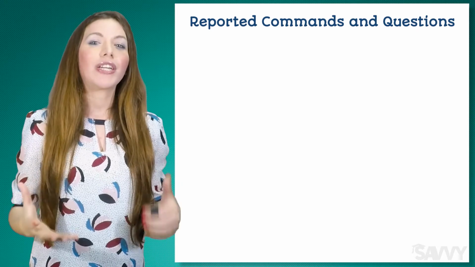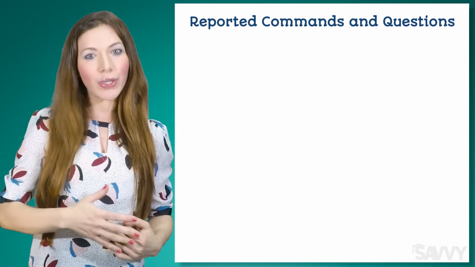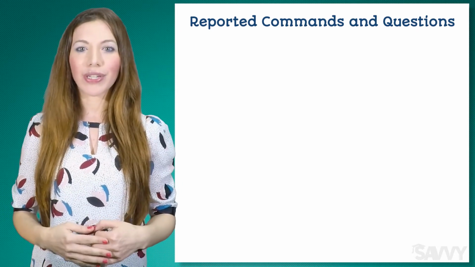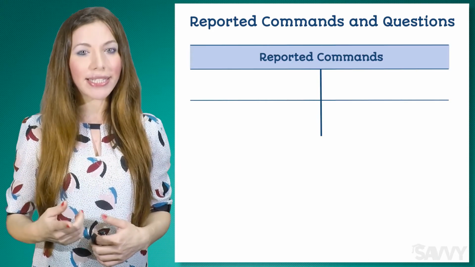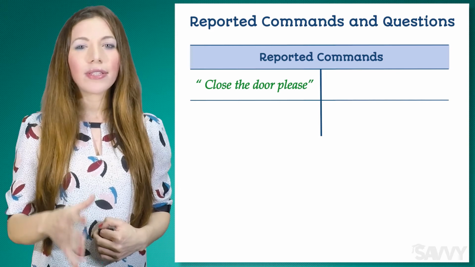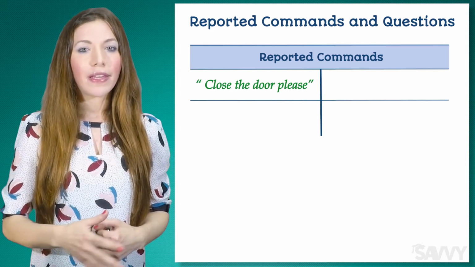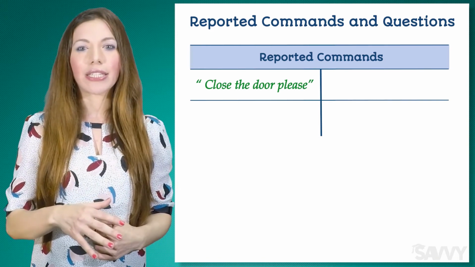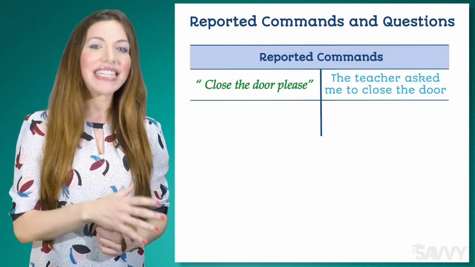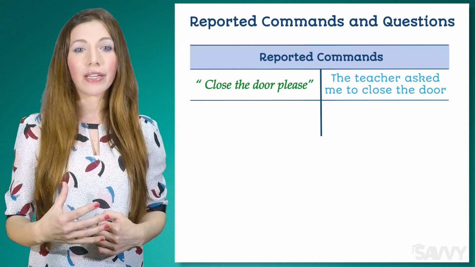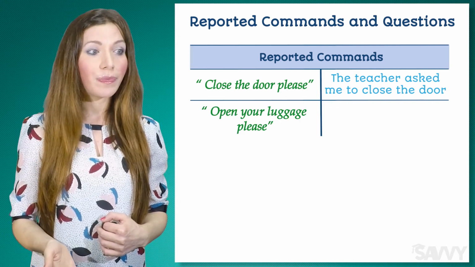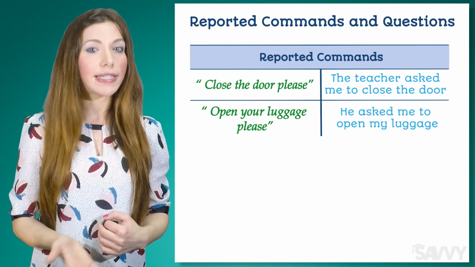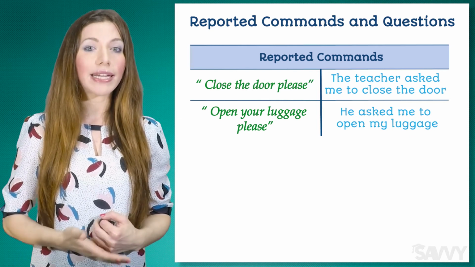We're going to recap a bit by looking at reported commands and reported questions. An example of a reported command. "Close the door, please." I would translate this in reported speech as the teacher asked me to close the door. "Open your luggage, please." He asked me to open my luggage.